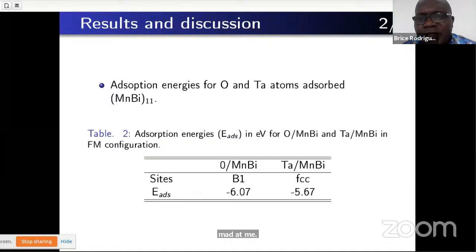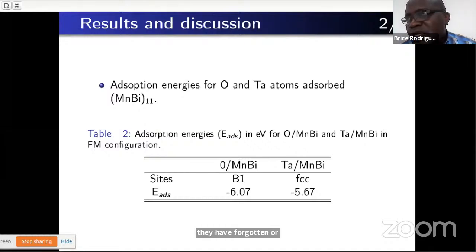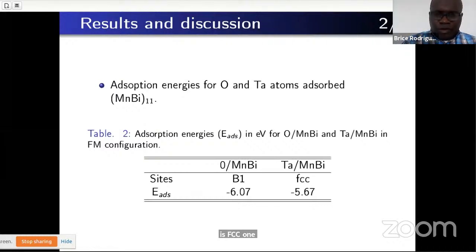By exploring the 7 adsorption sites, the preferential adsorption site for oxygen on manganese bismuth is bridge 1, with the adsorption energy of -6.7, whereas for tantalum on manganese bismuth it is FCC1, with the adsorption energy of -5.67 eV.